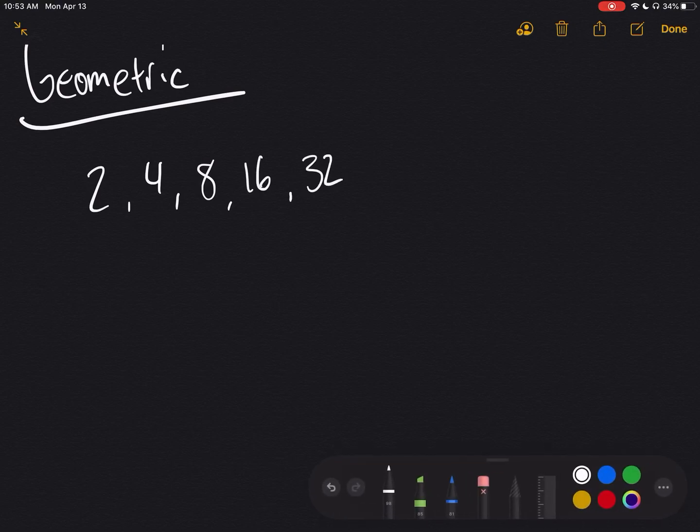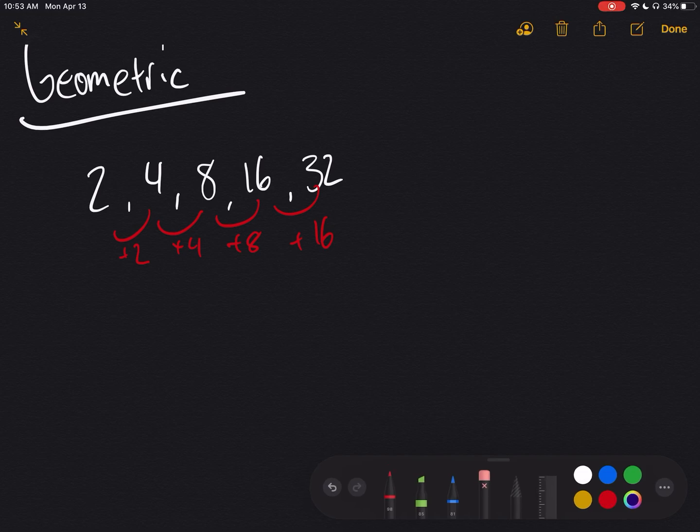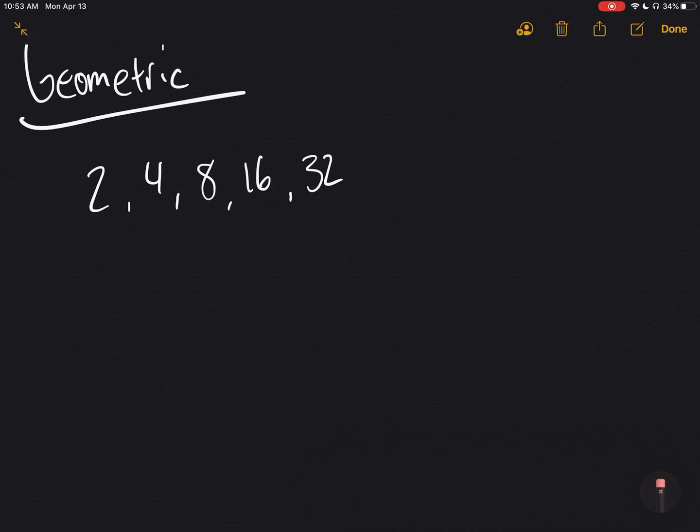Right, so if we tried to look at this as an arithmetic sequence, plus 2, plus 4, plus 8, plus 16, that's not working. Okay, well, if arithmetic doesn't work, then let's go try geometric. Okay, and so let's see what we can come up with with geometric.